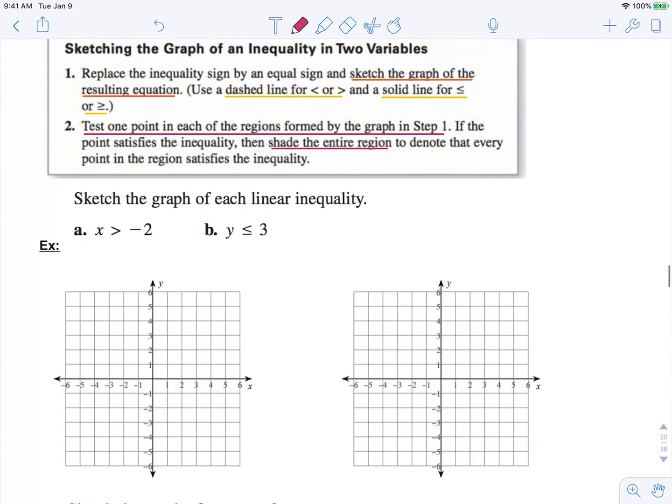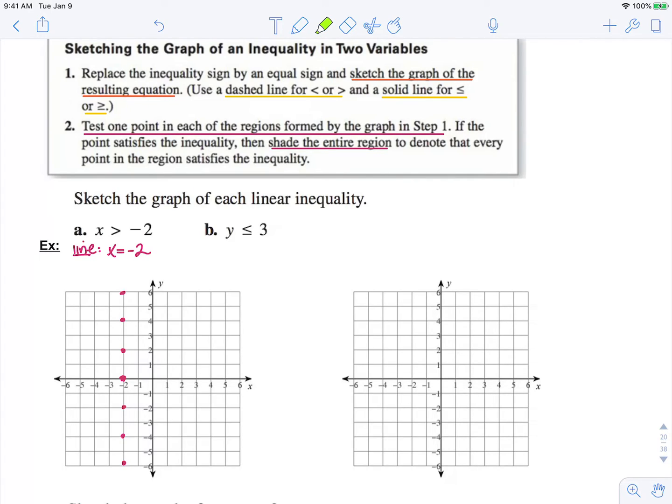In part A, we have x is greater than -2. So if I think about the boundary line, that is x equals -2. And I know that is going to be a vertical line that goes through these points here.